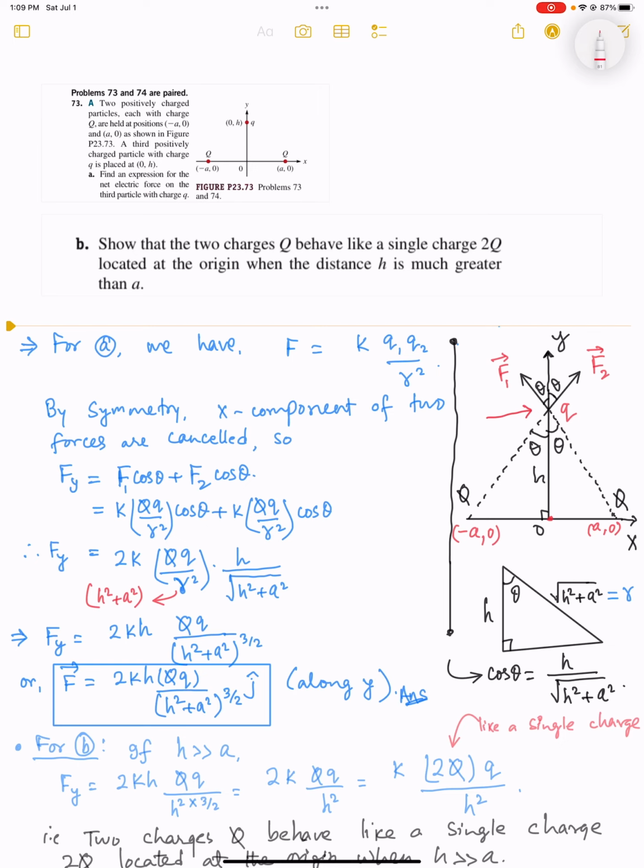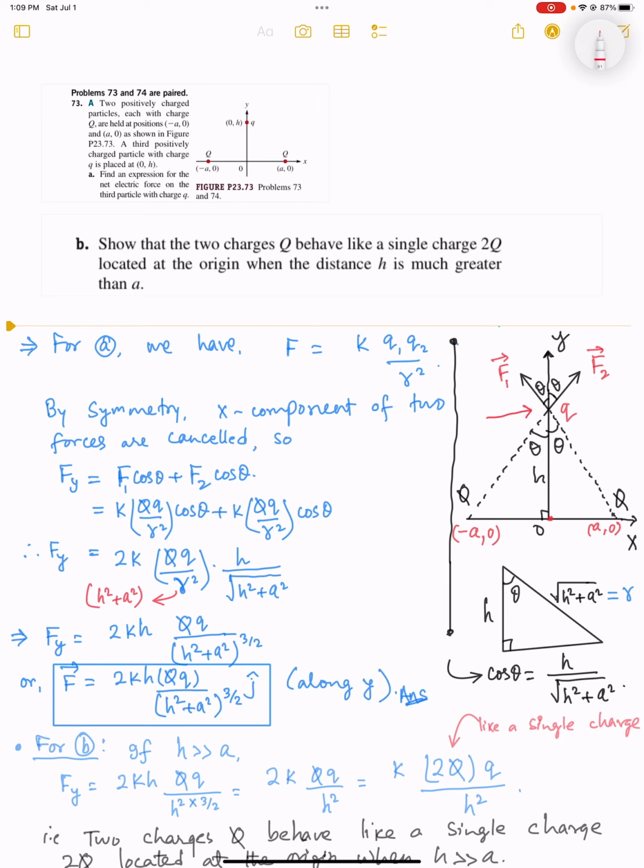So again, we will obviously use Coulomb's force F, that is some constant k times the product of two charges Q1 and Q2 over the square of the distance between them. So it's an inverse square force.